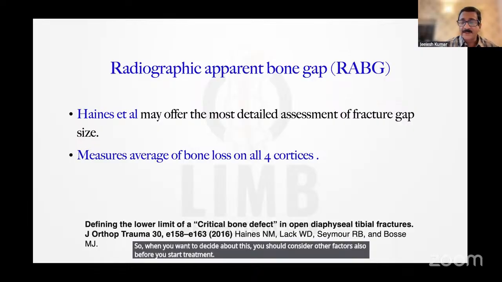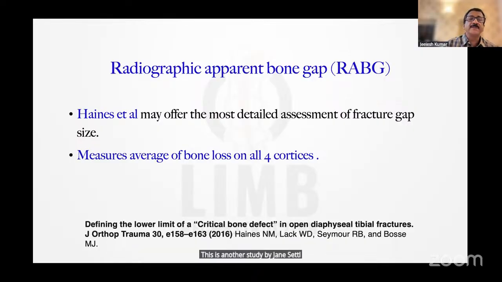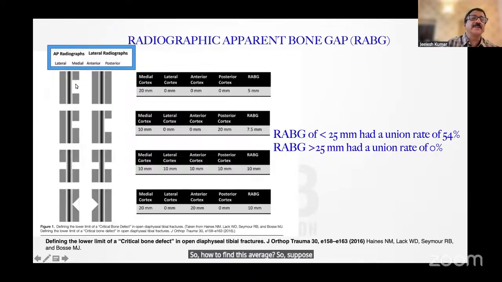This is another study by Ains et al. He coined the term radiographic apparent bone gap, RABG, which measures the average bone loss of all 4 cortices. So how do we find this average? Here you can see in the picture, the medial cortex has 20 mm lost, and the other cortices are intact. So 20 divided by 4, that is 5 mm, is the RABG.